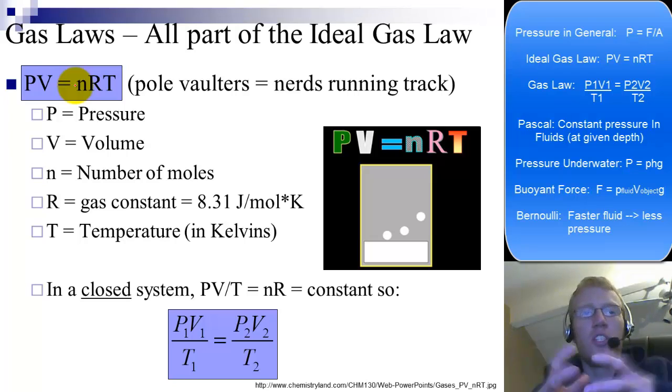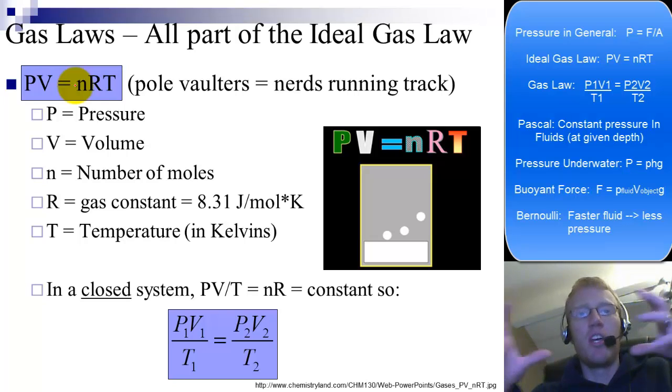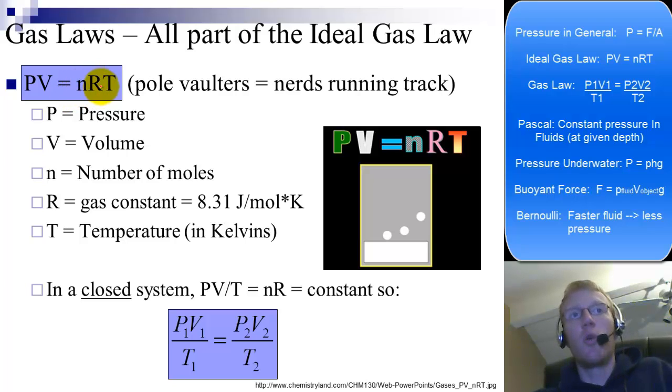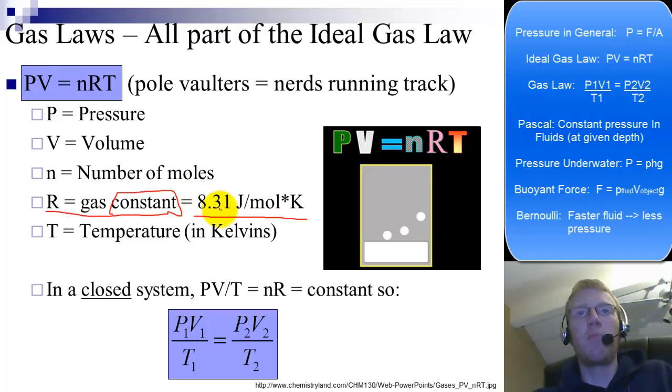If you squeeze the balloon and change its volume or its shape, the amount of gas in the balloon won't be changing. So typically n is constant and R is always constant. And the units in standard units are joules, moles, and kelvins, so it's going to be 8.31 joules per mole Kelvin. So R is constant, and n is almost always constant as well.